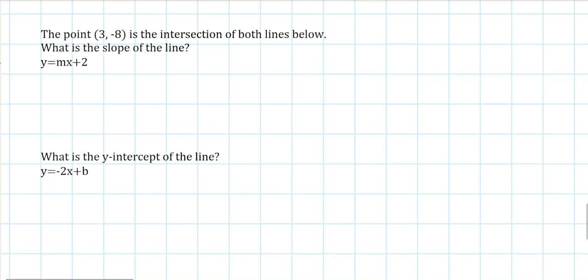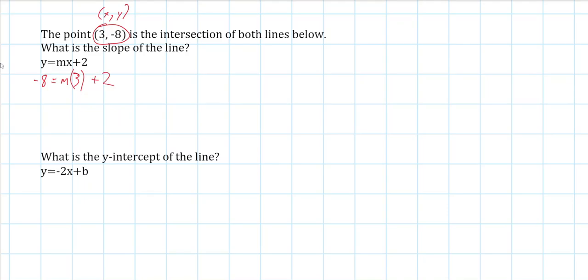Well, if you're given a point, we just have to remember that points are always x comma y. So what we do is we replace x with the 3. Maybe I'll write it like this above. And we replace the y with -8. So -8 goes here, m stays m because we don't know what it is. We put the 3 here. Always put it in brackets. Okay, then you put a 2 here.